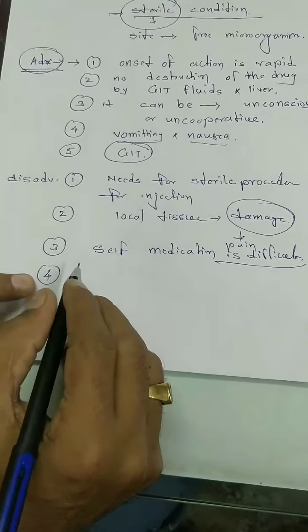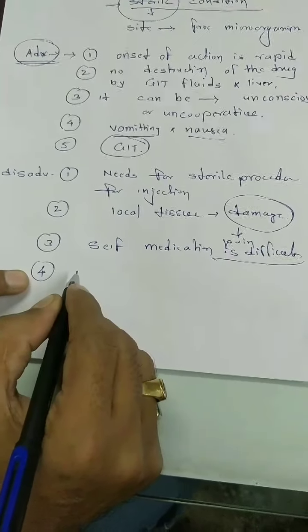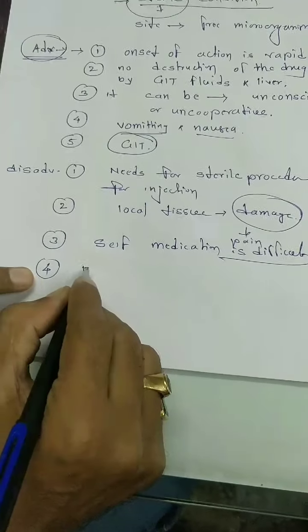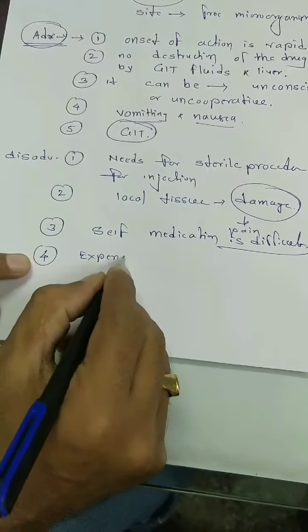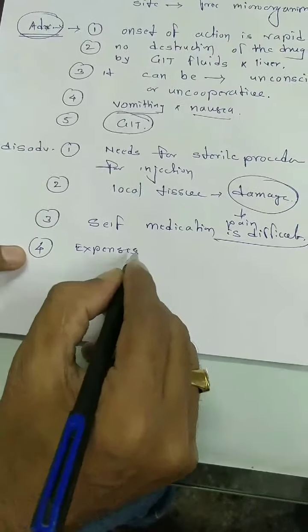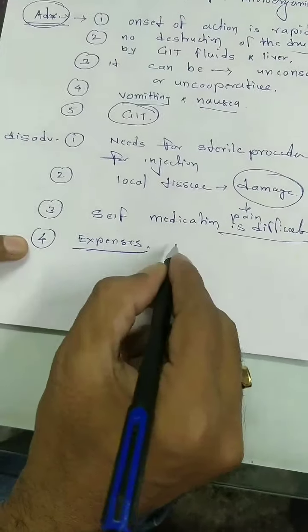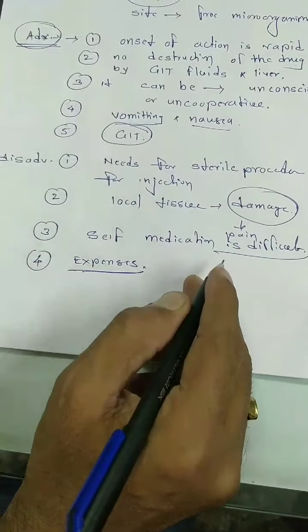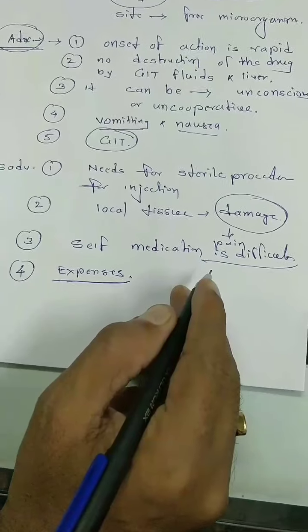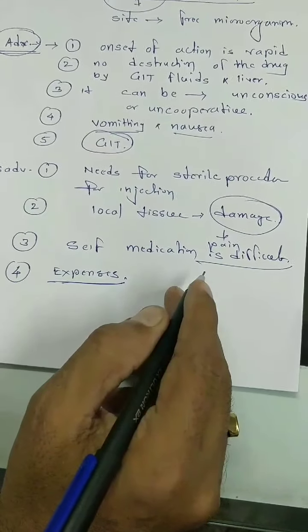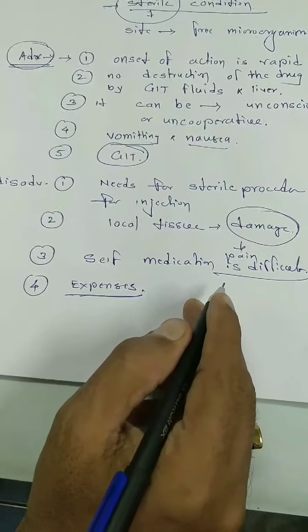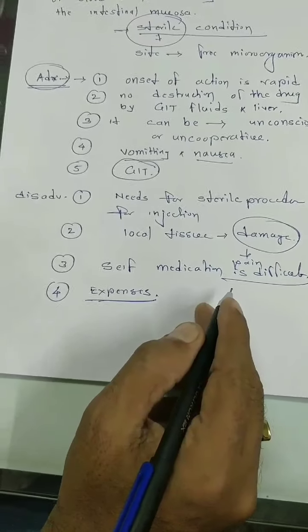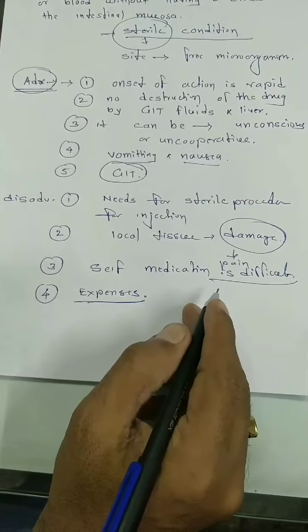Next, it is expensive. It is expensive because for one injection you purchase one vial having 10 to 20 injection doses. That's why it's expensive compared to the tablet. Injection is so costly.